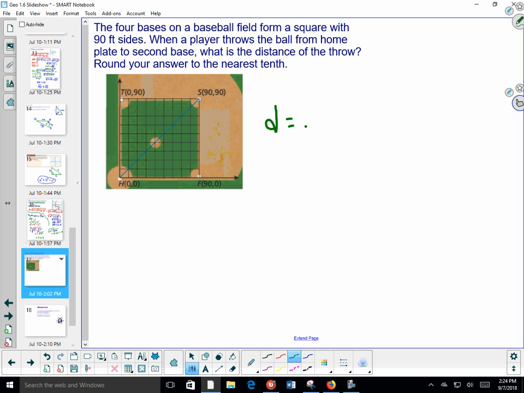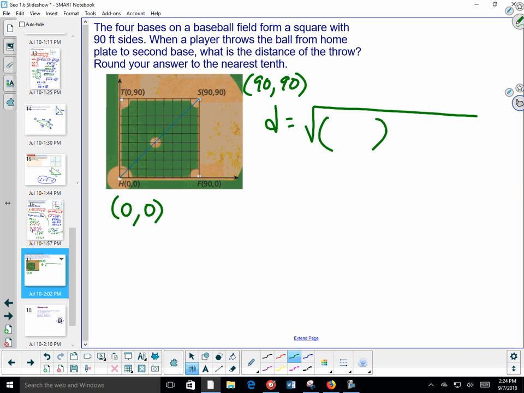So you're using the distance formula, and you're finding the distance between 0, 0 and 90, 90. Okay, so parentheses, 90 minus 0 squared, and then plus parentheses, 90 minus 0 squared again.